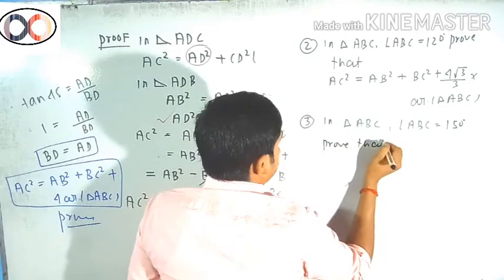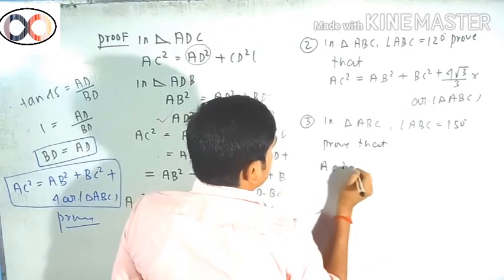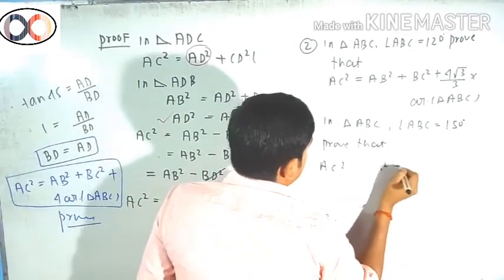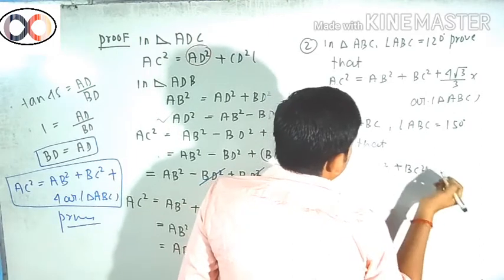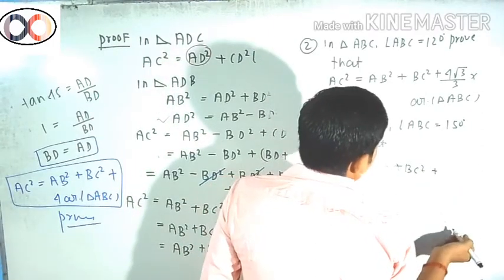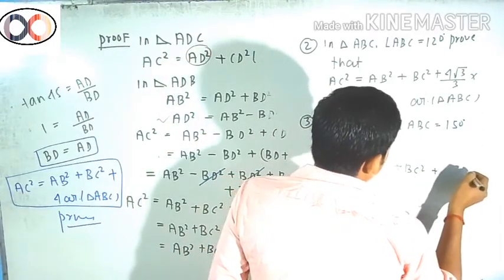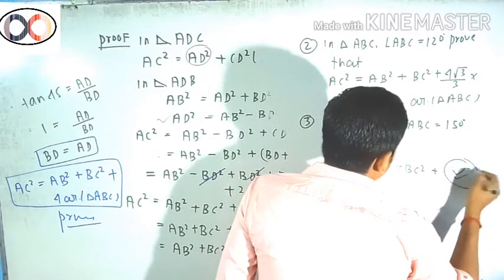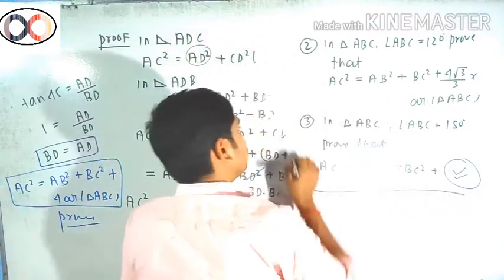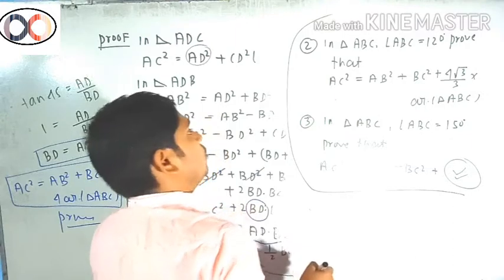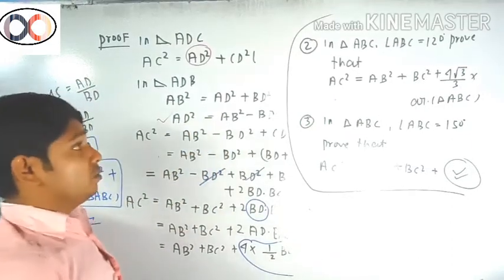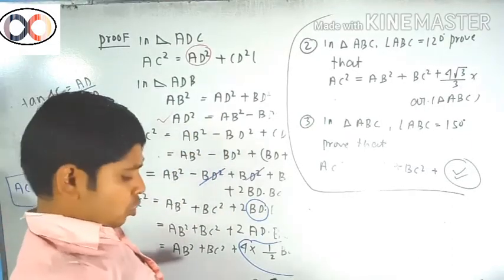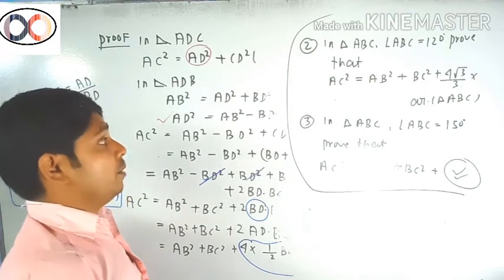Prove that AC square equals AB square plus BC square plus some terms, and you will have to find the value of those terms. Okay, so this is the question. You will have to try to solve these questions so that you can easily approach the obtuse angle theorems.